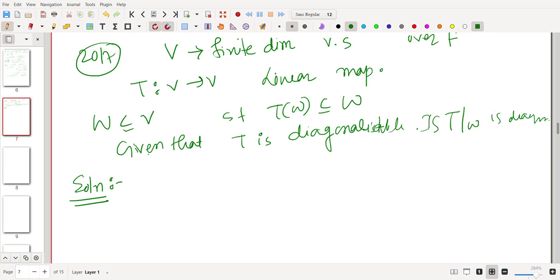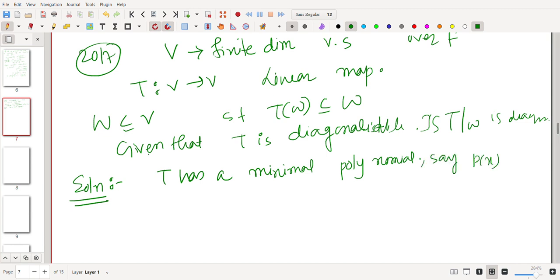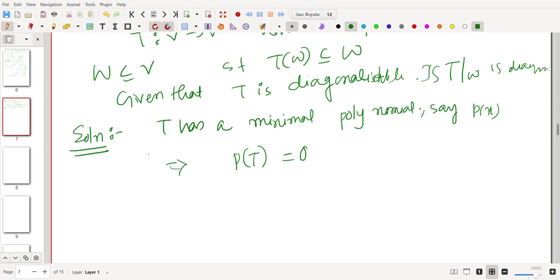V is a finite dimensional vector space and T is a linear map. Then T has a minimal polynomial. Right? T has a minimal polynomial, say Px. That will imply that P(T) equals to 0 operator.